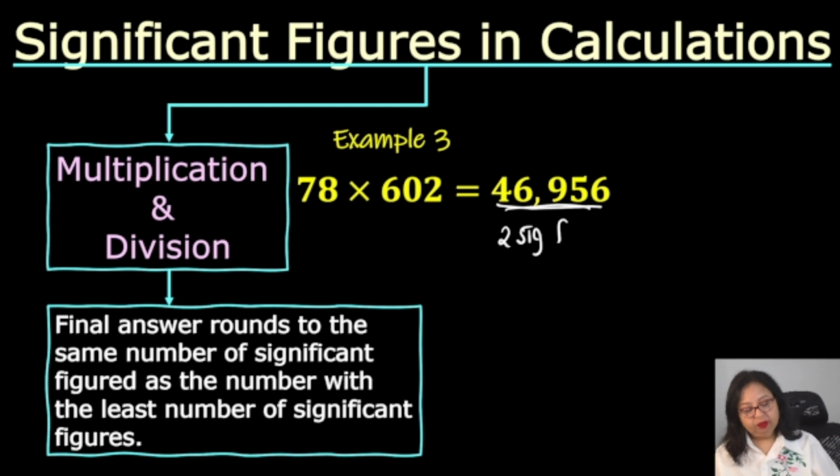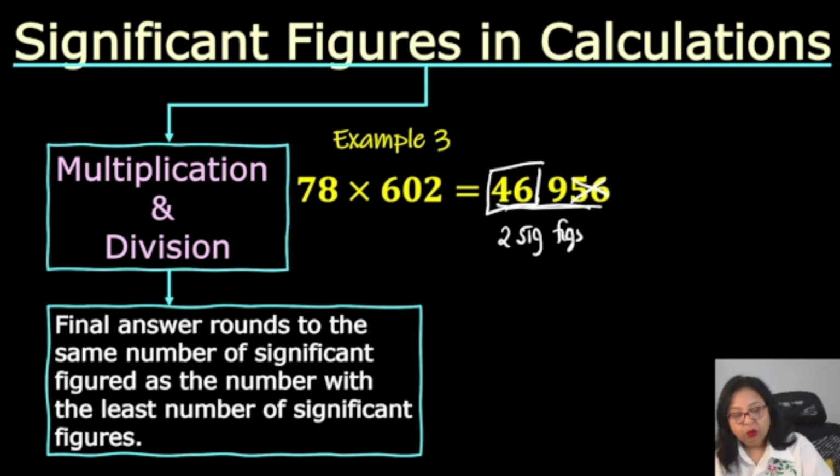We need to round it off to how many sig figs? 2 sig figs. And we're going to totally ignore these last 2 digits. These do not matter. The only digit that matters is the third digit. Why does this third digit matter? Because we want to round it off to 2 digits. So we're going to look at the third digit and see if the third digit is 5 or greater. Then the second digit here will round up.